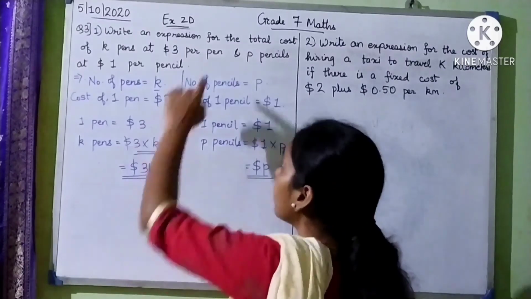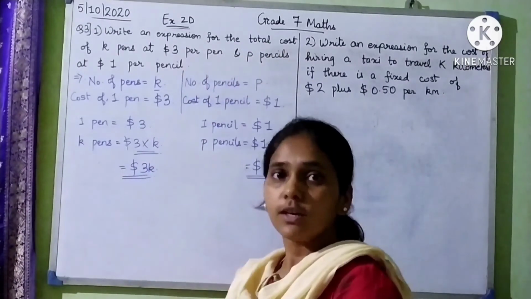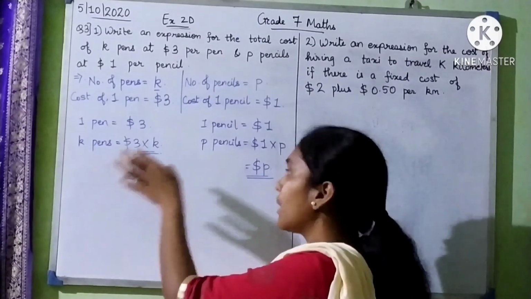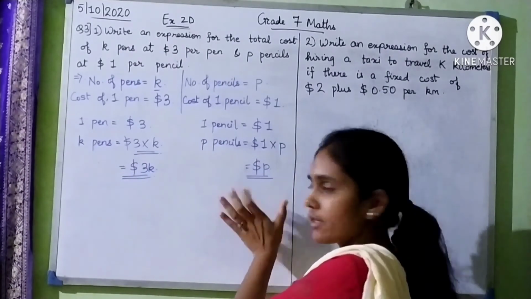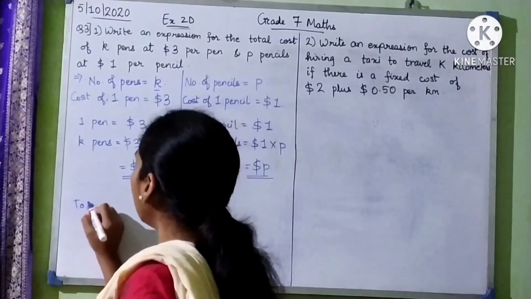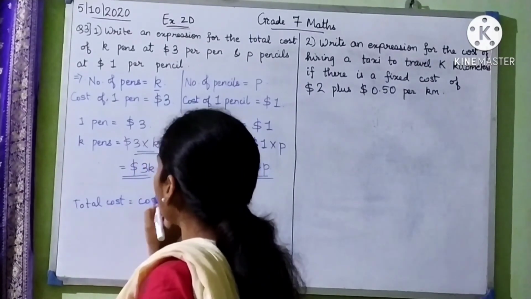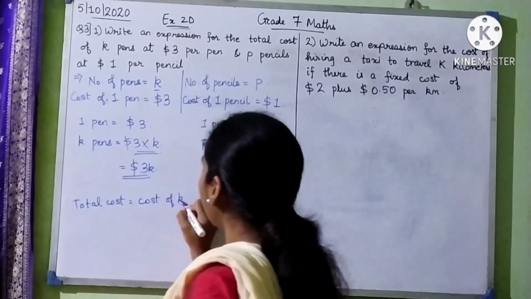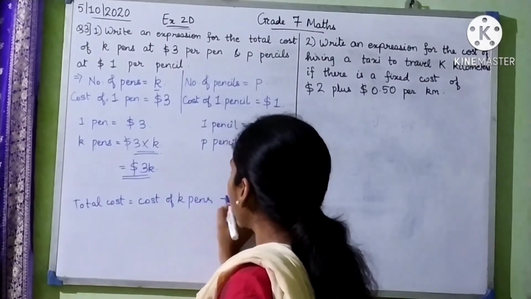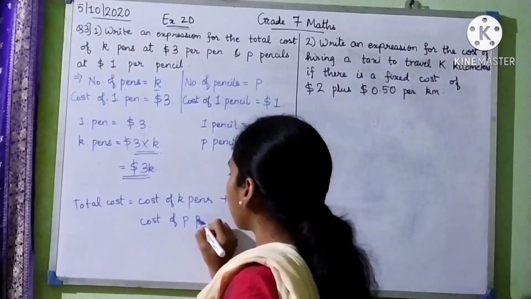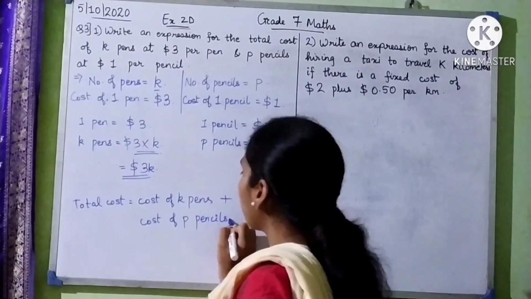We have to find the total cost. So total cost means the cost of K pens plus the cost of P pencils. So the total cost is the cost of K pens plus the cost of P pencils. What is the cost of K pens?